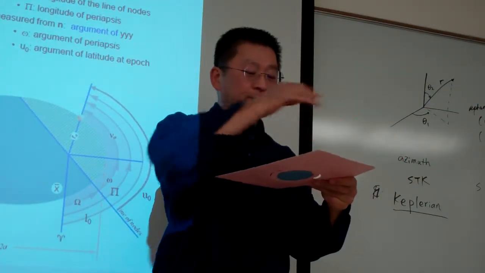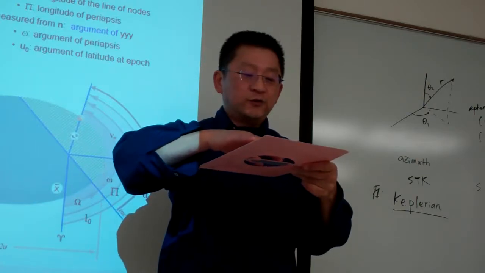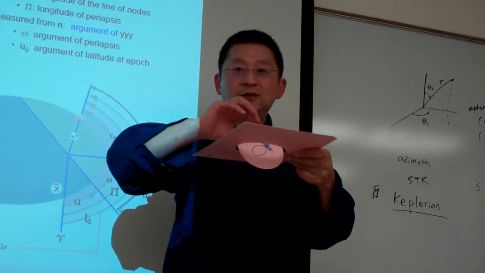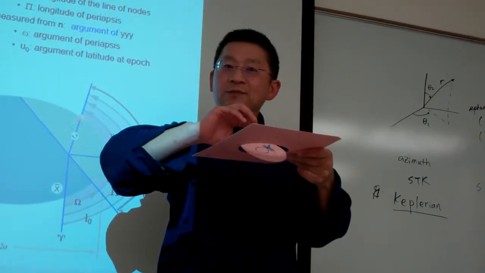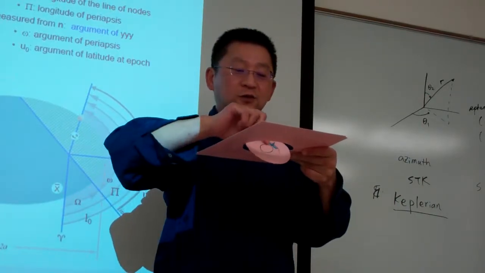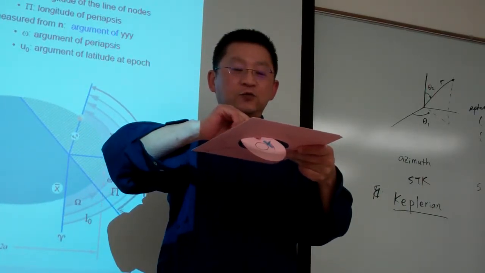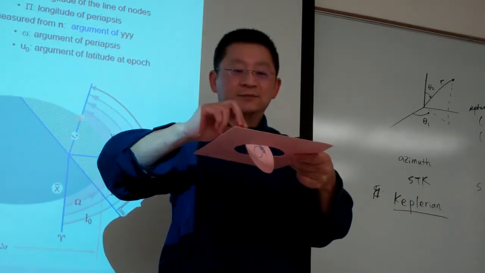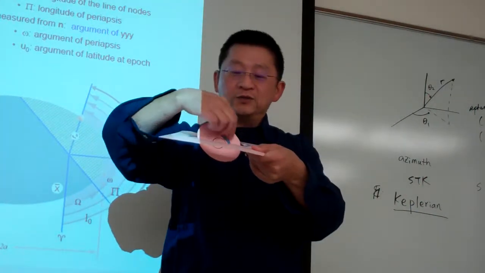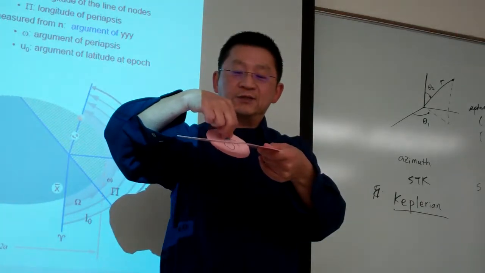So with respect to that one, this one represents the orientation of the orbits. So, for example, we have orbits like this. We might also have orbits like this. And this one indicates the shape of the orbit. So basically, the orbits could be like this.